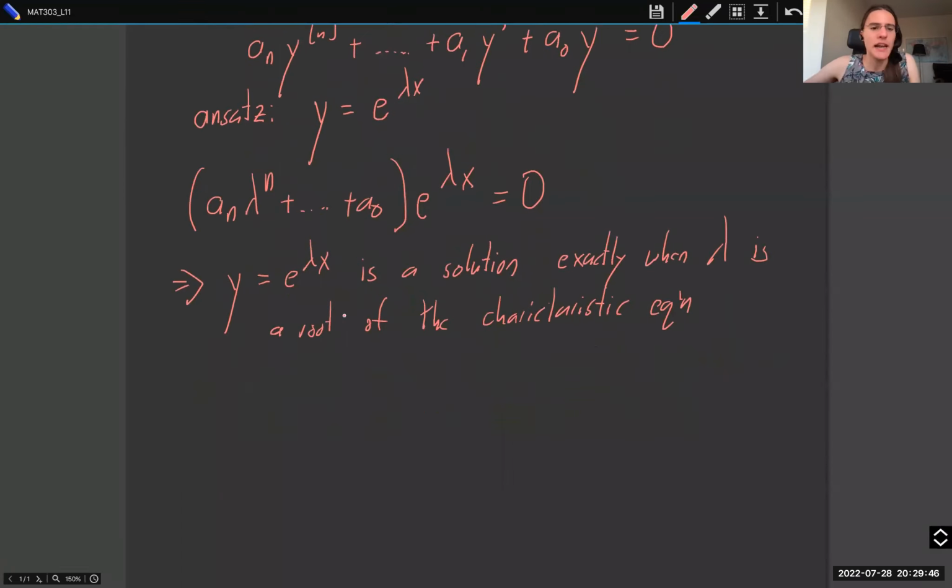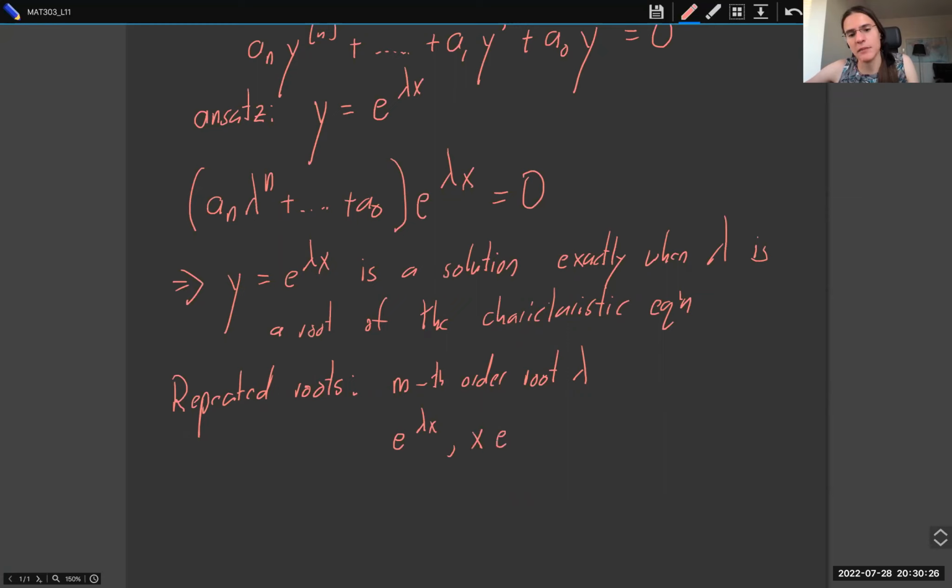Associated to this thing. Now for repeated roots, if lambda is a root of multiplicity m, then e to the lambda x is a solution, x e to the lambda x is a solution, all the way up to x to the m minus first power times e to the lambda x.